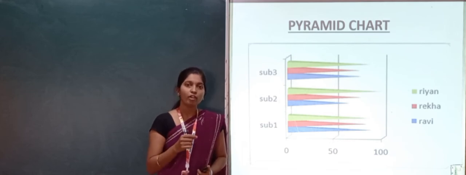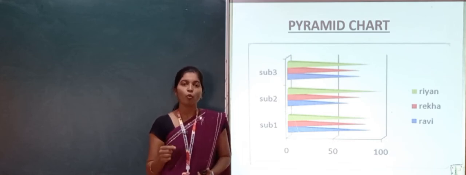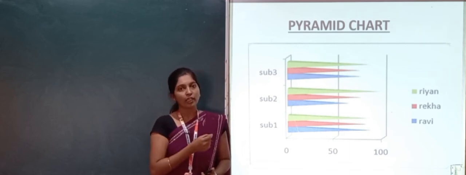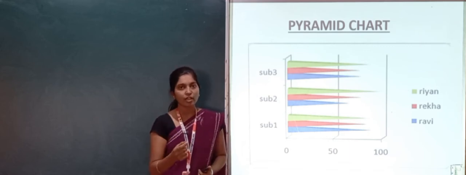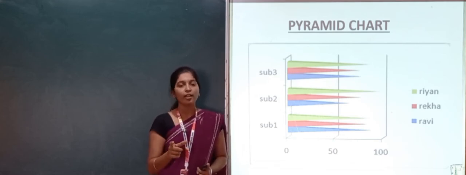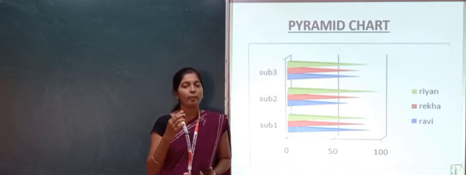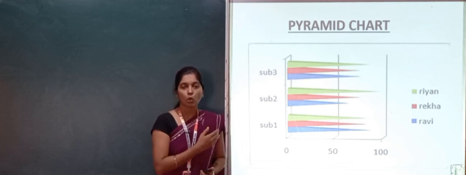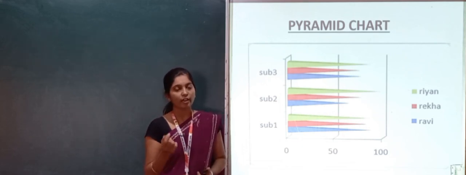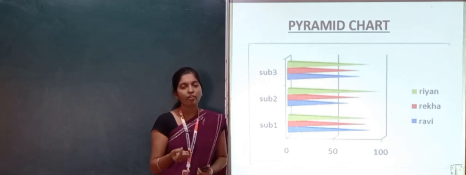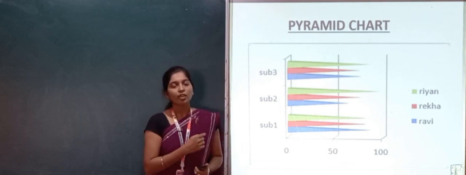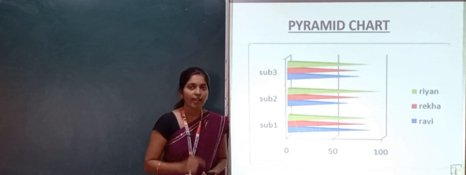We have 12 types of chart, and what you have to do is give a particular chart definition and draw one chart diagram on that, write the particular subtypes of those charts, and write something about that chart, how the data is represented in each and every chart. So this is an important question for your examination.